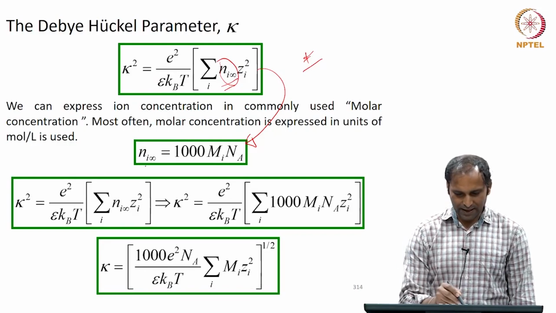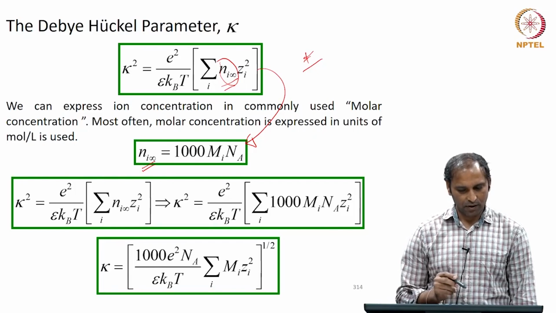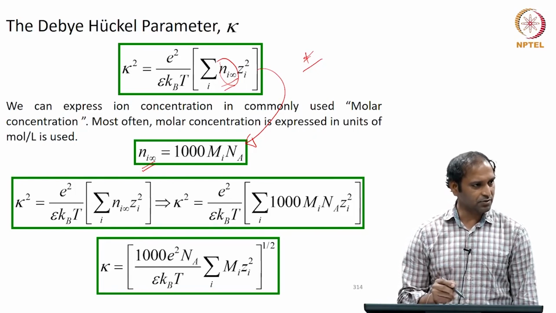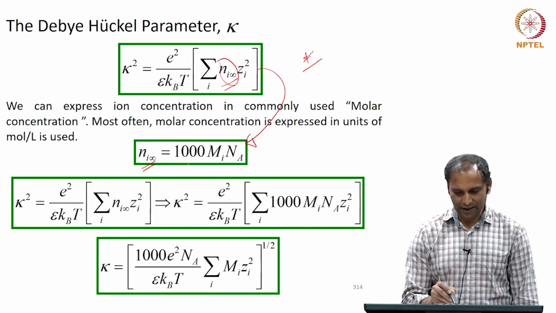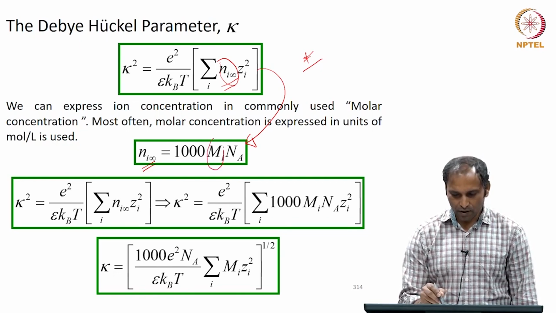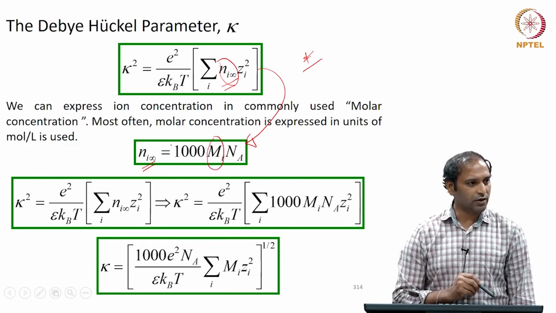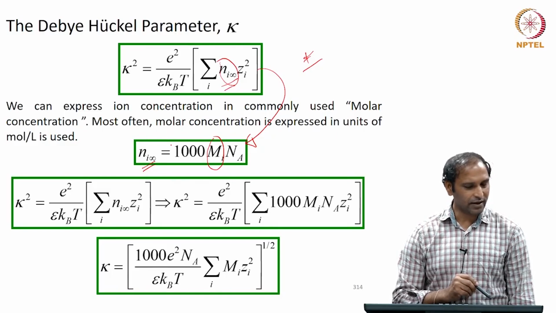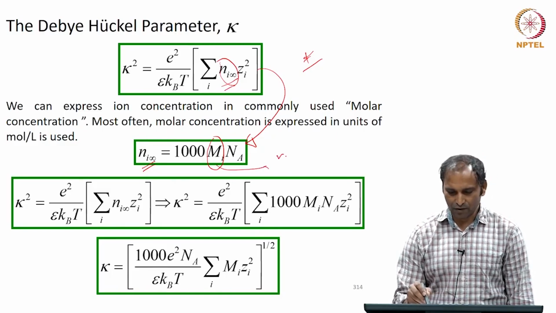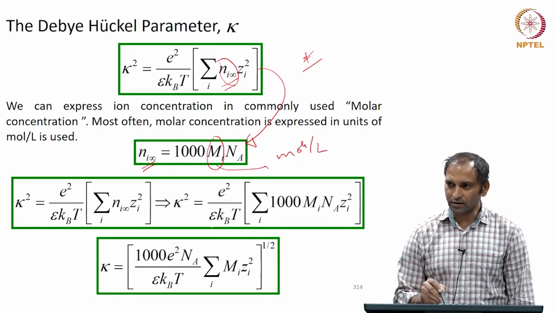So, this Ni infinity, which is the concentration of ions in the solution, you can express in terms of the molarity of the salt that is added, because molarity has units of moles per liter.